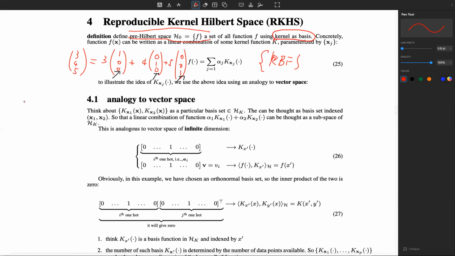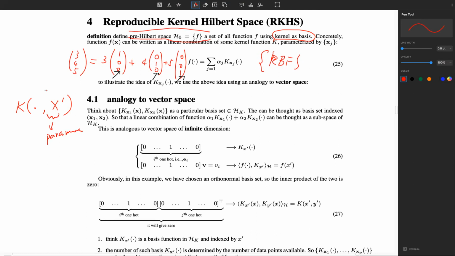Remember, we said a kernel function takes two inputs, X and X prime, and it will produce a value, right? So what if we fix one of them? We fix this, so this, in fact, becomes our parameter. And I don't actually like to use X. I like to draw a dot in here.